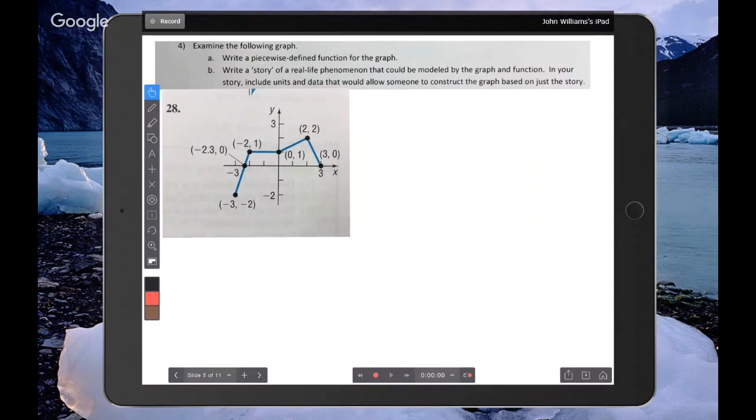Cool. And let's see. We want to write a piecewise defined function that would model this graph. So we're going to say part A, I'm going to call it f of x. And it's got 1, 2, 3, 4 parts.